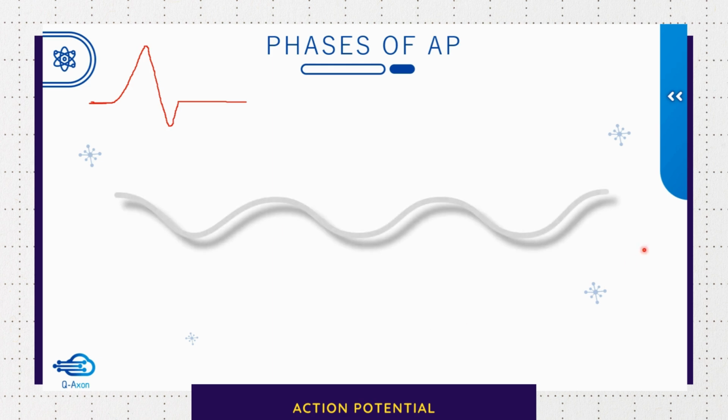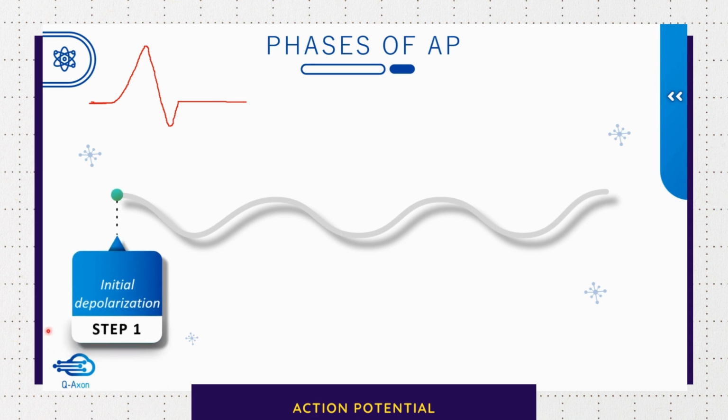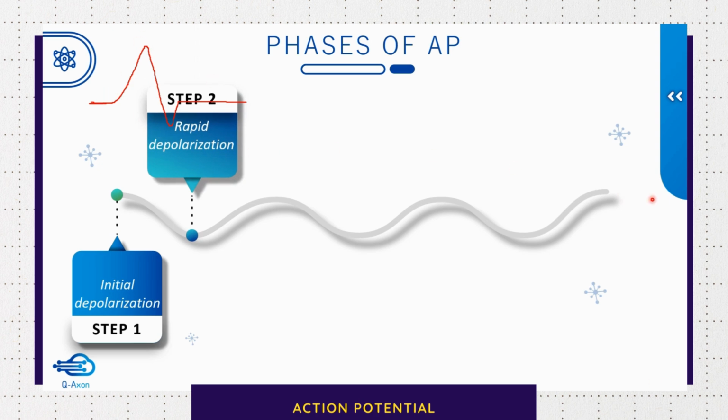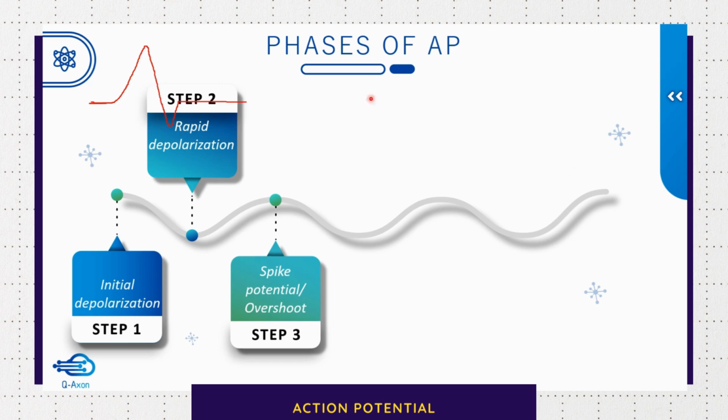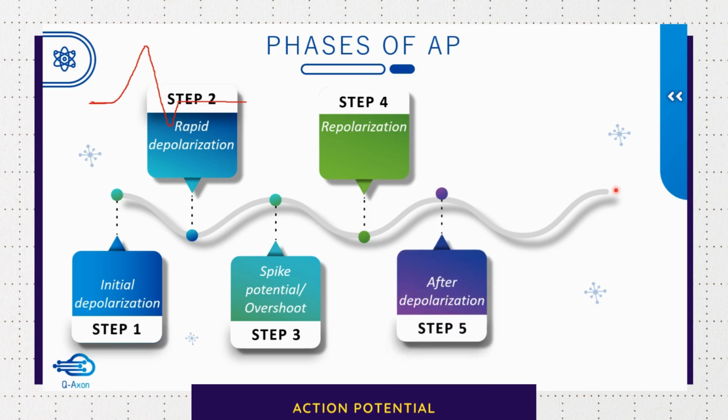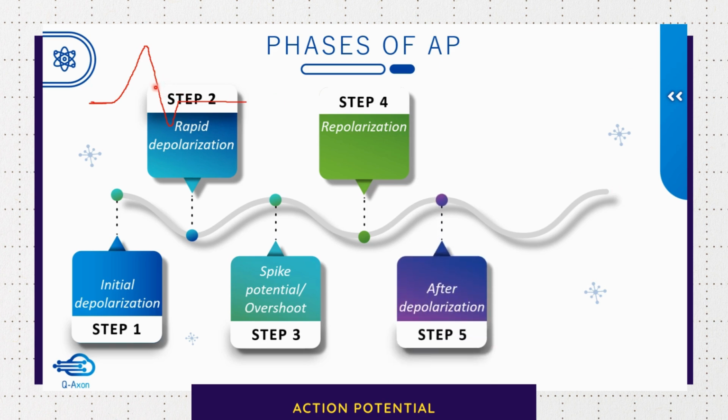So the action potential begins with initial depolarization. And then there is a phase of rapid depolarization. This is followed by the spike potential, which is the segment of the action potential above zero. Then starts the phase of repolarization, and there is a brief phase of after depolarization which falls in this phase of repolarization.